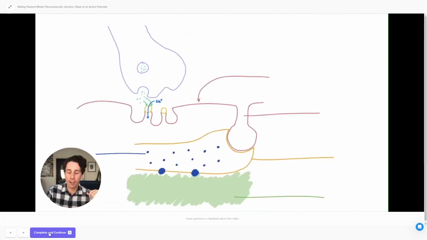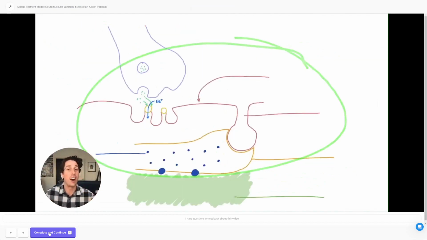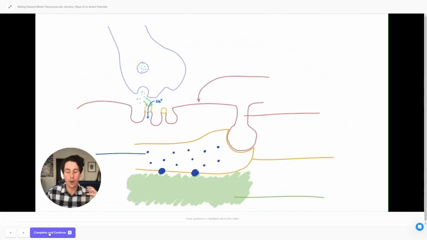All right, so we've got a bigger overview right here of what we just saw on the previous slide. So let's just talk about that real fast, kind of review that, make sure we got all of that down. Here we can see we have a motor neuron, and in that motor neuron, as we know, we have those synaptic vesicles full of acetylcholine. We can see the acetylcholine is right there in the neuromuscular junction, and it's going to bind right here to this little gated channel, and that's a ligand-gated channel, and acetylcholine is that ligand.